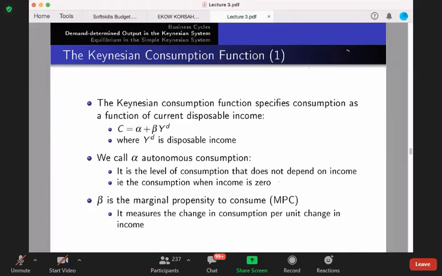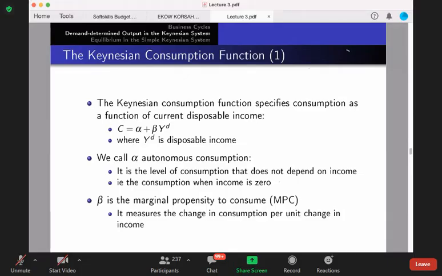Okay, Rebecca, you can unmute and ask your question. Sir, please, I want to find out realistic examples of autonomous consumption in our daily life. It's your consumption when your disposable income is zero. Rebecca, unmute yourself and let's talk.